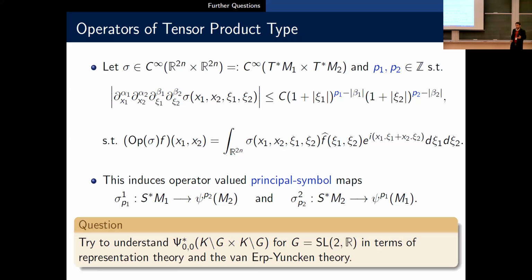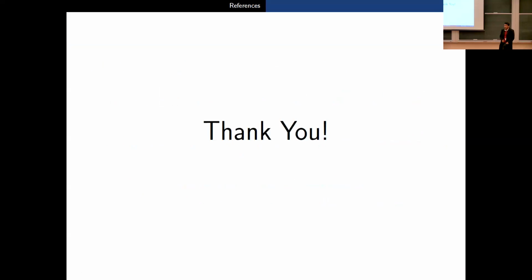The goal is to classify this algebra in terms of representation theory, and also tie it up with the Van Erp and Yuncken theory, so that we can get a new kind of symbol or behavior with respect to some kind of tangent groupoid, such that maybe if we are lucky we can tweak that symbol and get something out for SL3R and maybe for higher real rank groups. Thank you so much.